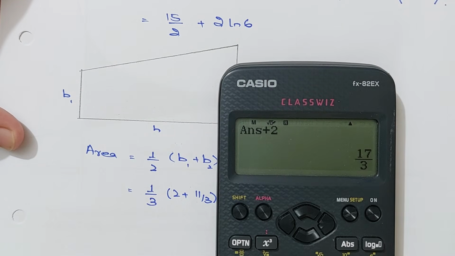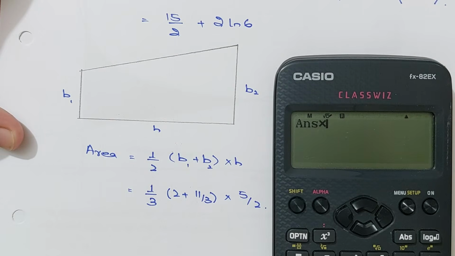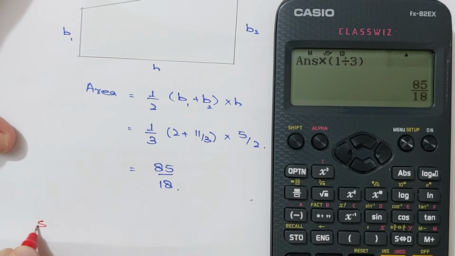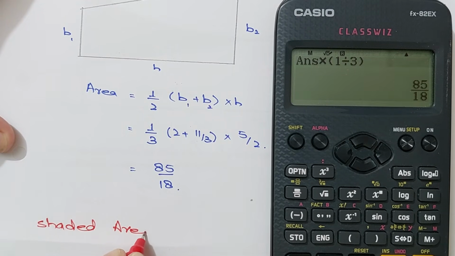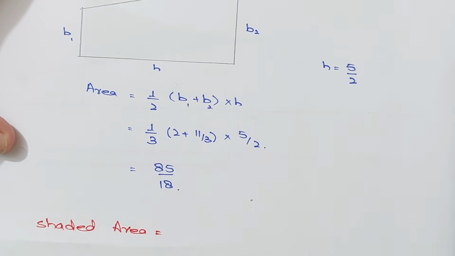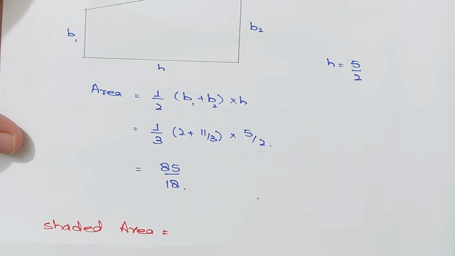Plus 2 multiplied by 5/2 and multiplied by 1 by 3. 85 over 18. Okay, now let me work on the shaded area. So the shaded area is basically the area under the curve minus the trapezium, because the trapezium is not shaded.